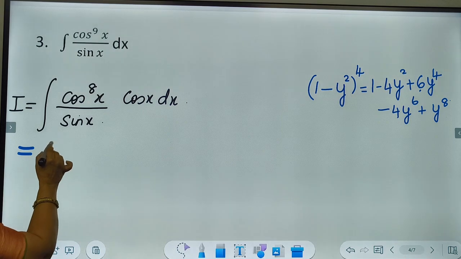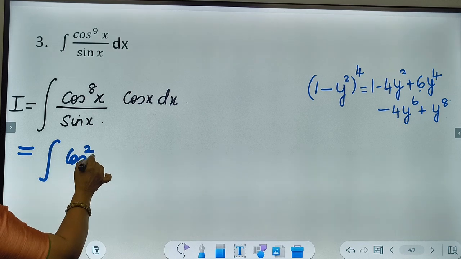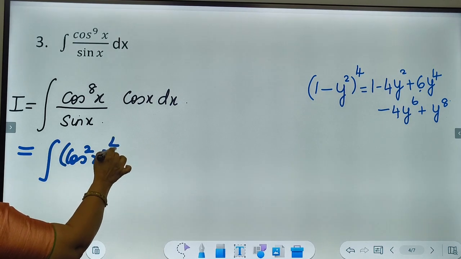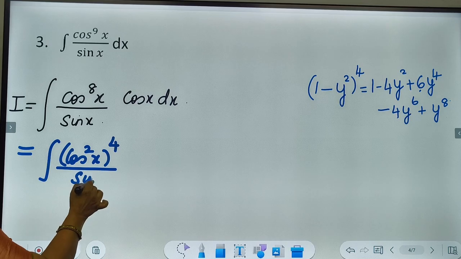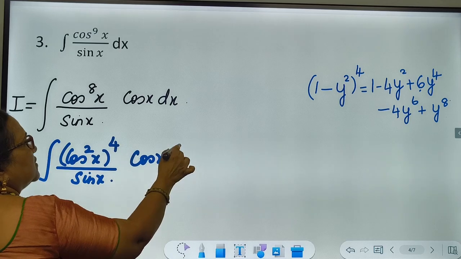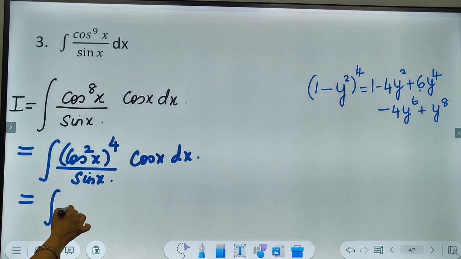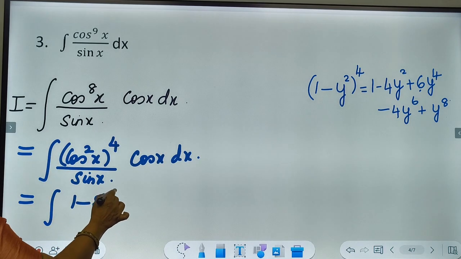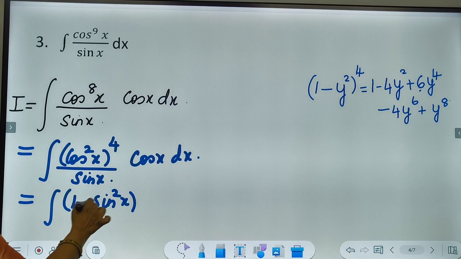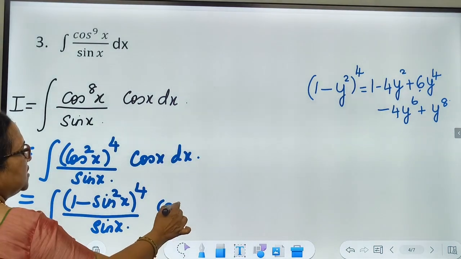Now this is integral of cos square x the whole power 4 by sin x into cos x dx. Now cos square x is 1 minus sin square x, so integral of 1 minus sin square x the whole power 4 by sin x into cos x dx.